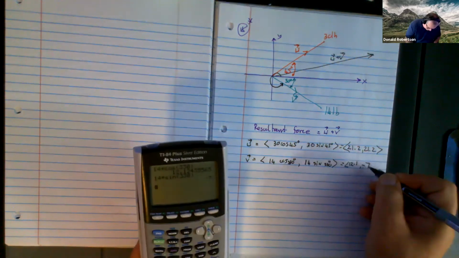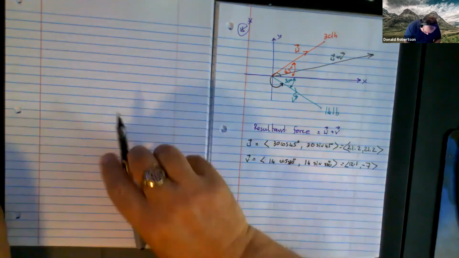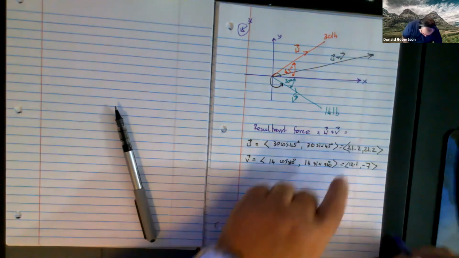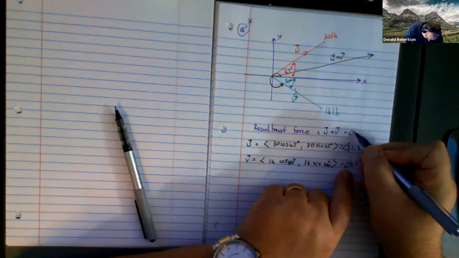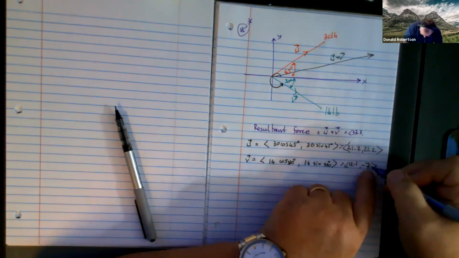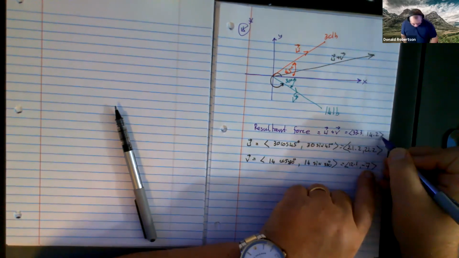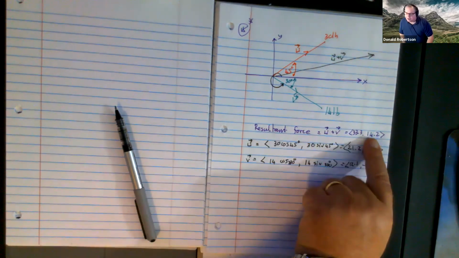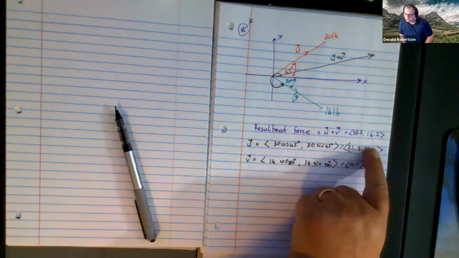You get -7. So won't the resultant force be these two added together? So that's 33 point, oh, that's an interesting number, 33.3. And when you add these together, you get, I believe, 14.2. Are you happy with the resultant force being add the x's, add the y's?